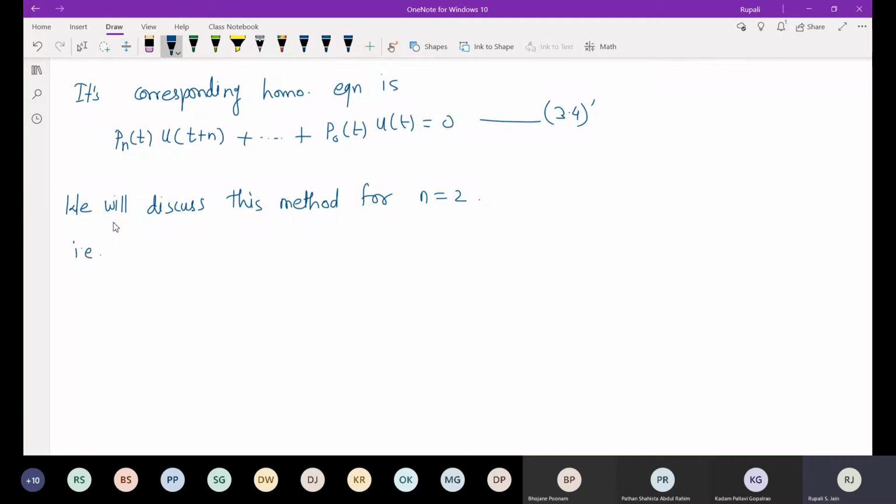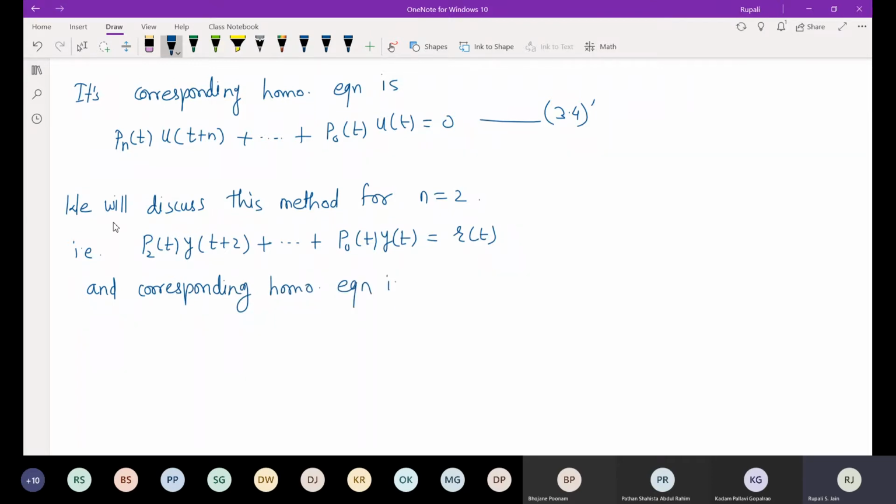When my equation is, what is my equation then? p_2(t) y(t+2) plus and so on p_0(t) y(t), which is equal to r(t), and the corresponding homogeneous equation is p_2(t) u(t+2) plus and so on p_0(t) u(t) is equal to 0.